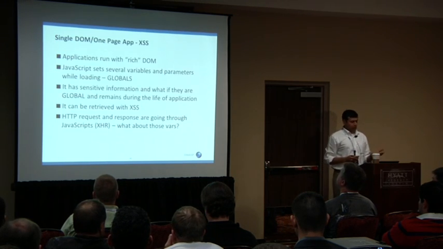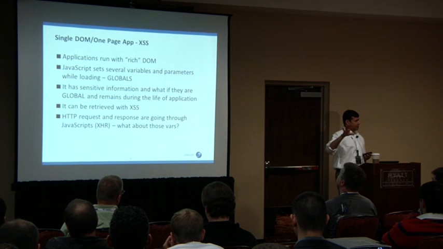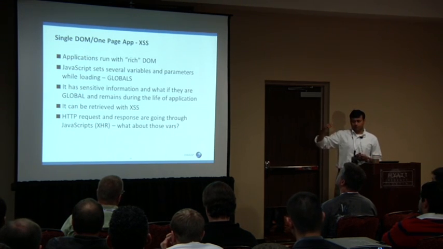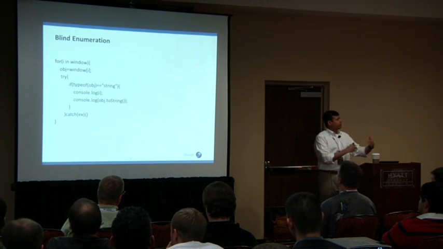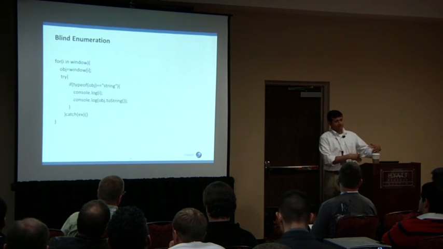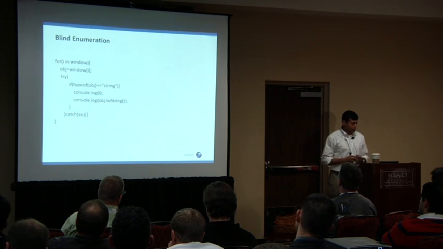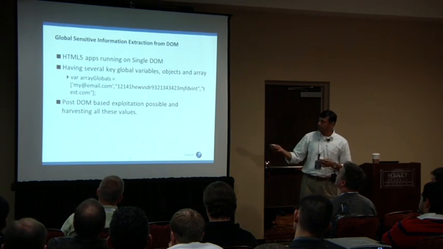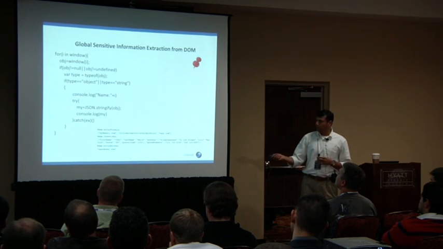Another interesting one is if you analyze these single DOM applications, they have lots and lots of global variables, and global variables are stored and permanently there. So if you get a DOM-based XSS, for example, then DOM-based XSS can start harvesting these global variables. The global variables would have values like email, passwords, or your hashes, and so on. So you can run this kind of a loop and see all the global variables.